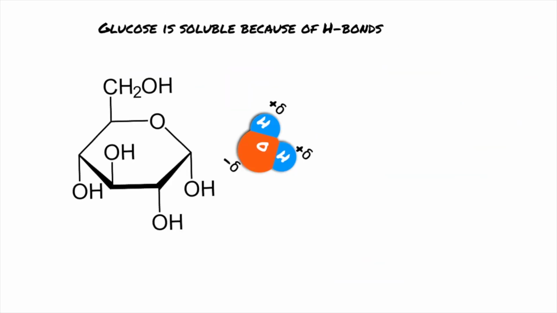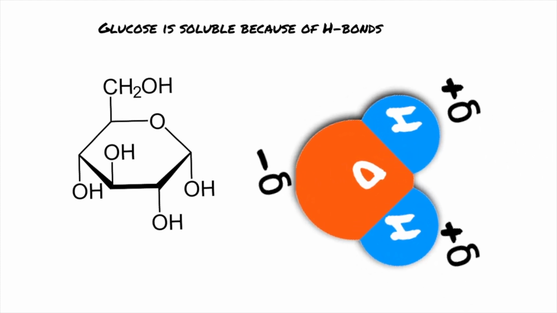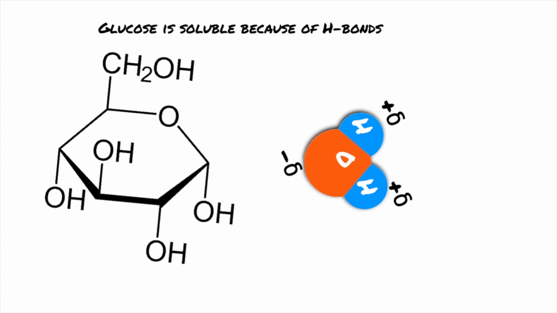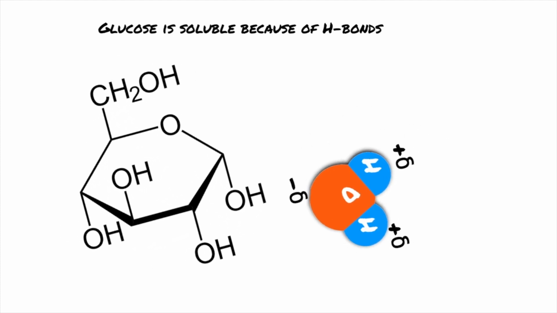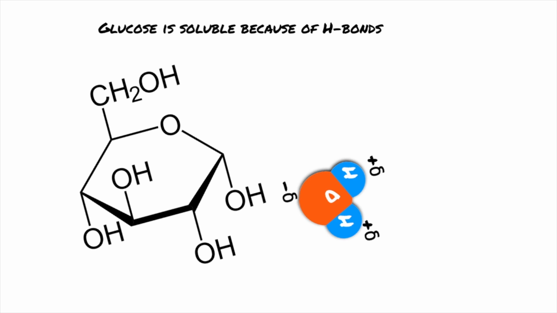Previously, I told you that monosaccharides and disaccharides are quite soluble in water. Now, how would you explain this? This is another important question. Remember, water is a dipole. When you have a monosaccharide like glucose here, the hydrogen from glucose is slightly positive, because it's attached to an oxygen.